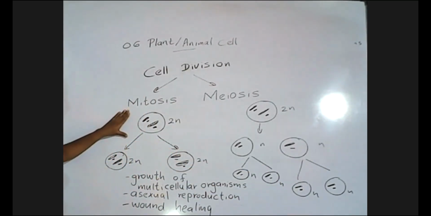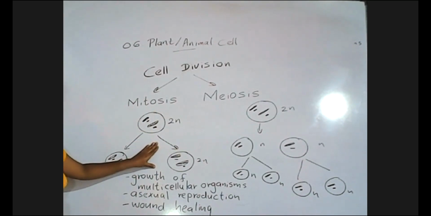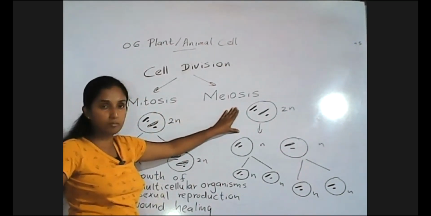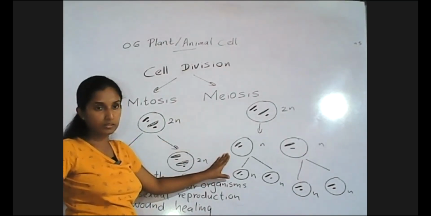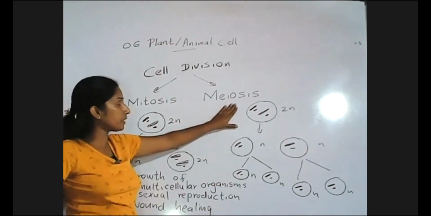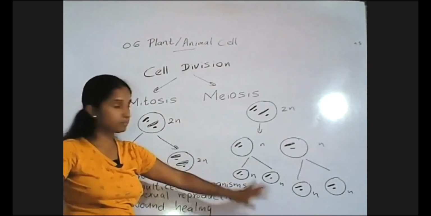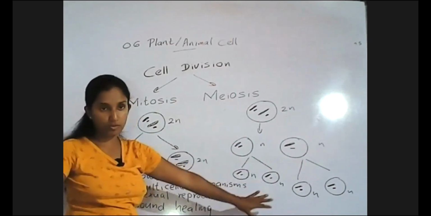In mitosis, the daughter cells have the same number of chromosomes as the parent cell. But in meiosis, half of the chromosomes from the parent cell go to the daughter cells, because from one parent cell it forms 4 daughter cells.